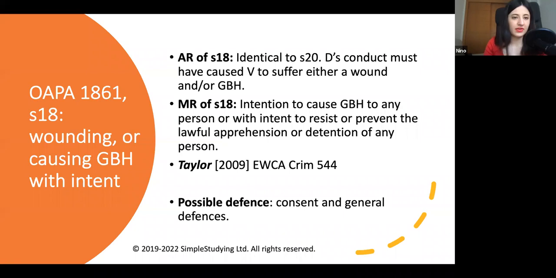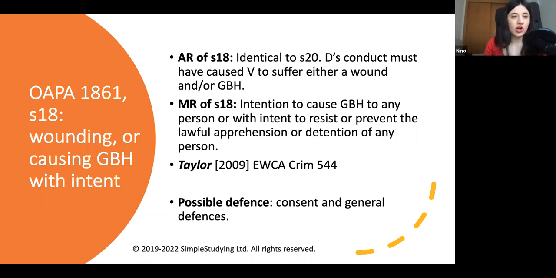Offences against the Person Act also has another offence that you should be aware of, which is section 18, wounding or causing serious bodily harm with intention. So this one has intention to cause serious bodily harm, and usually the sentence for this offence is a lot higher. The actus reus of section 18 is identical to section 20.